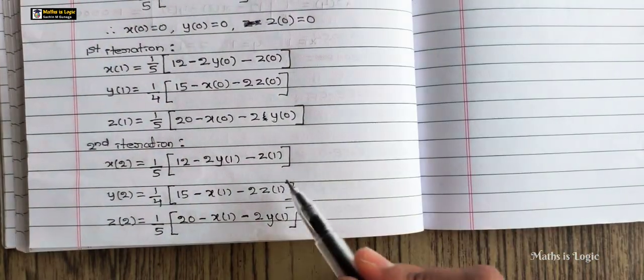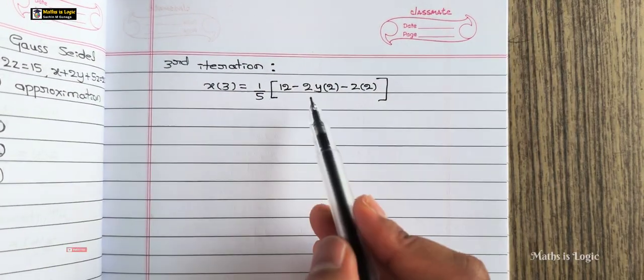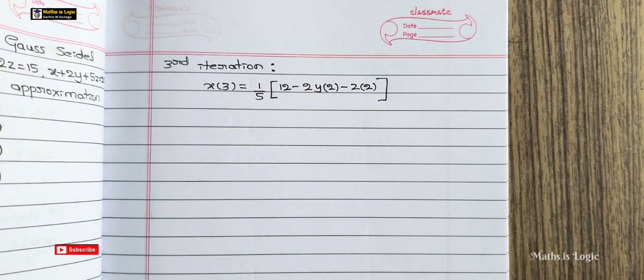Here y of 1 and z of 1 were there, so replace them by y of 2 and z of 2.